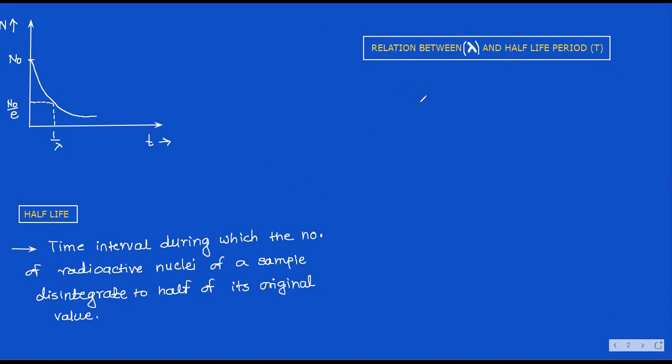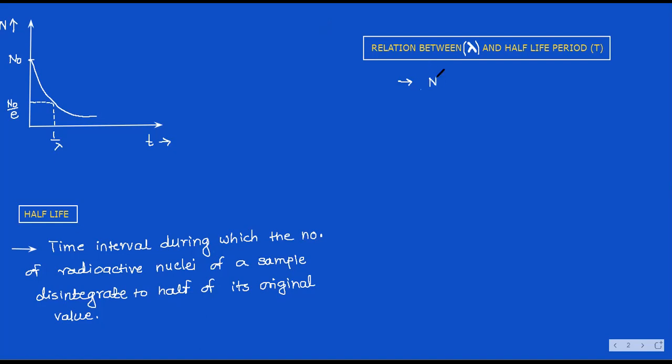Now, we know one relation, that is, N is equal to N naught into e power minus lambda t. That is the radioactive decay law. Or N by N naught is equal to e power minus lambda t, anything you can write.